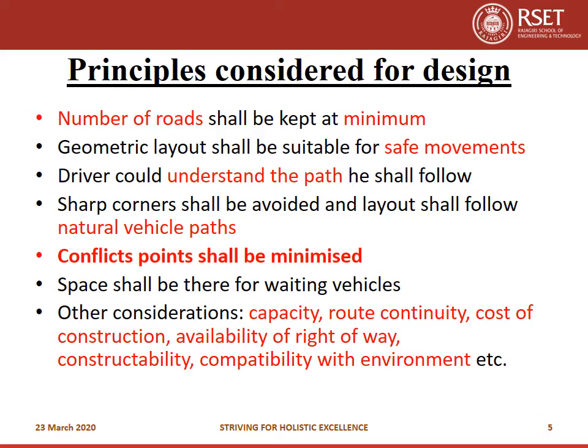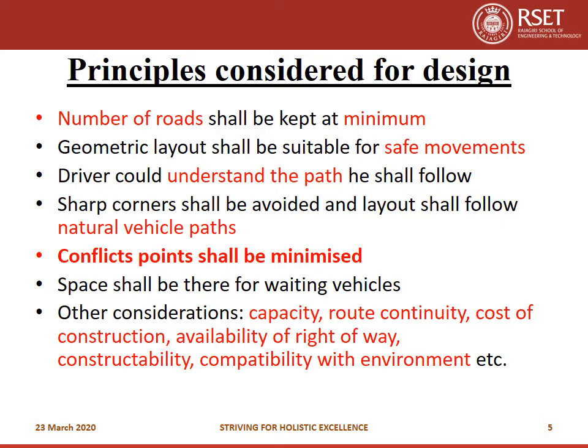First one, number of roads should be kept at minimum at the intersection. Means that some minor roads may be connected with each other to form a major road before joining them at the intersection. Next is geometric layout shall be suitable for safe movements.